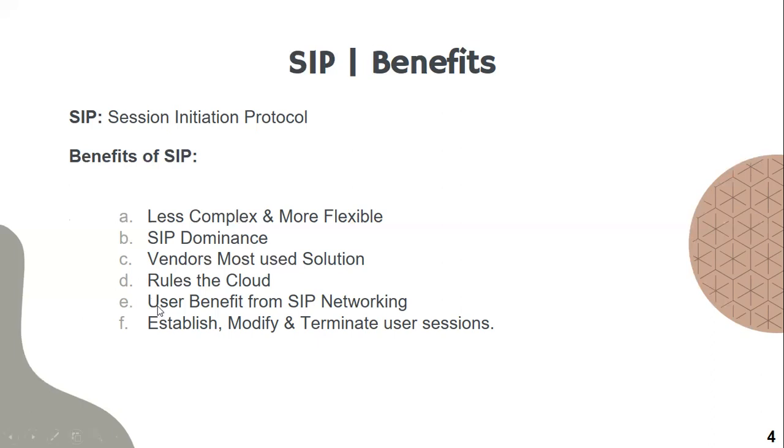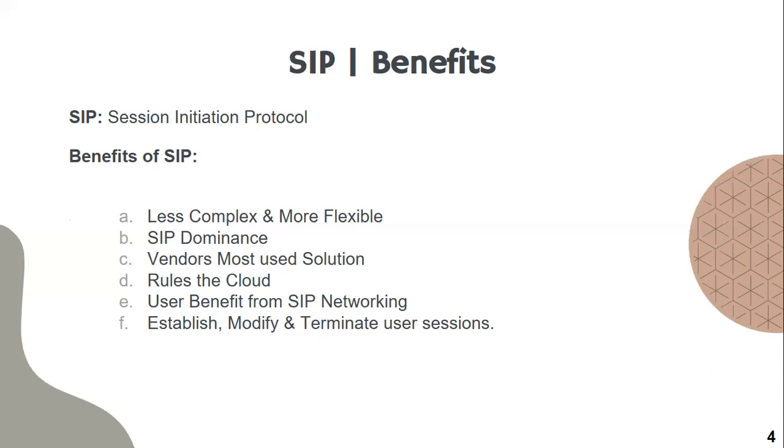Last but not least, in the benefits of SIP, as we said, SIP is used to establish the voice call between two users. After establishing the voice call, it will start doing modifications during the session, such as increasing a conference party call or adding a ringtone, as all of these are done by the SIP protocol.